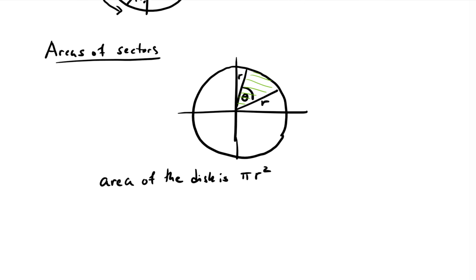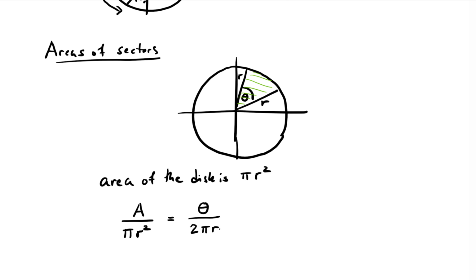So the area we're looking for is in the same ratio to the area of the disk as the angle theta is to an angle that corresponds to a full rotation.